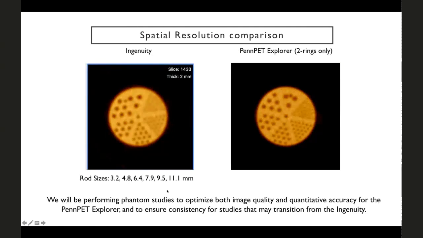So I guess the take-home message here is that by optimizing both the image quality and accuracy, we can ensure consistency with systems that are going to be translating from the Ingenuity onto the new scanner. And we can fine-tune the scan parameters and or the reconstruction parameters in order to do that.